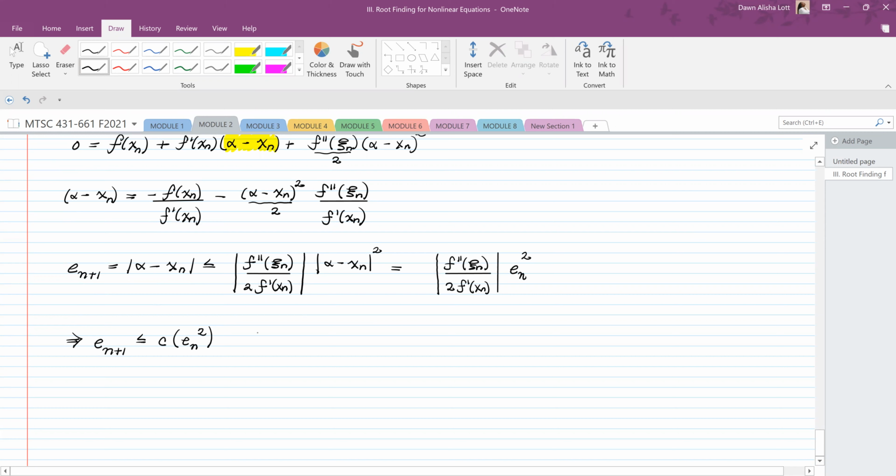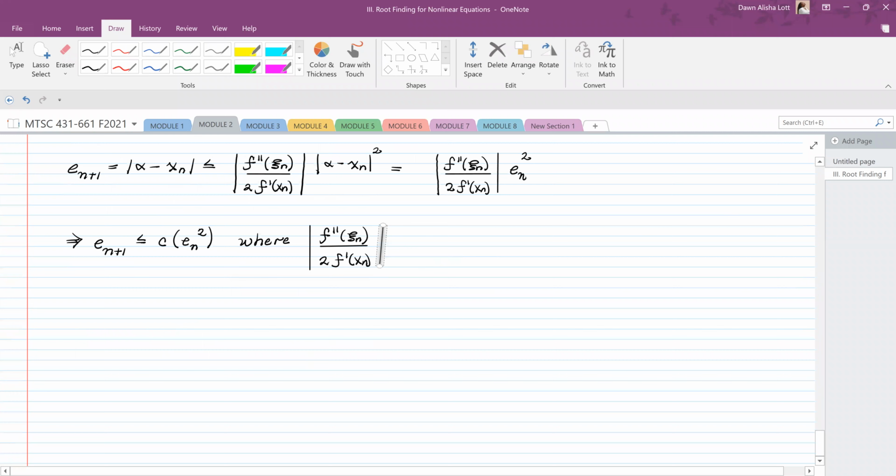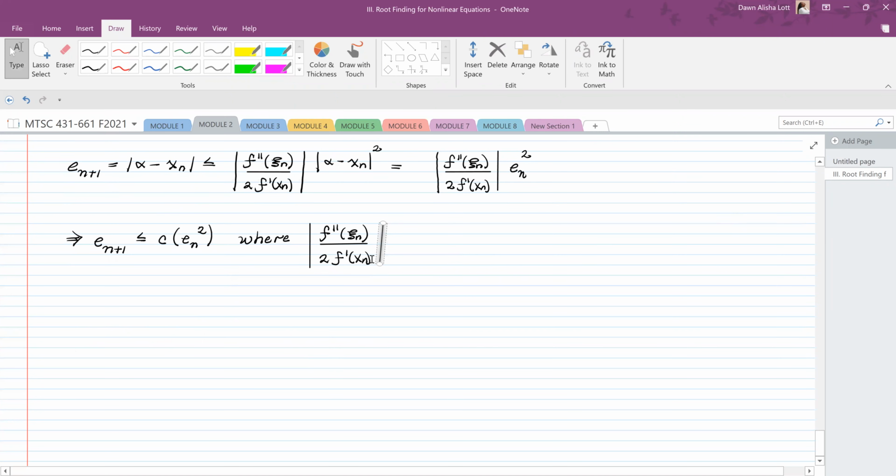And here our c is the value in front: the absolute value of f double prime of cn divided by 2 times f prime at xn. So c is the biggest that that thing can be.